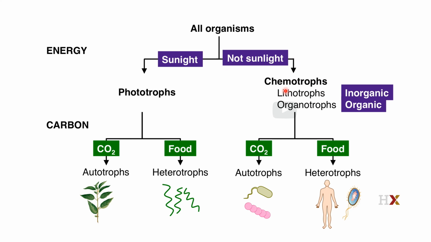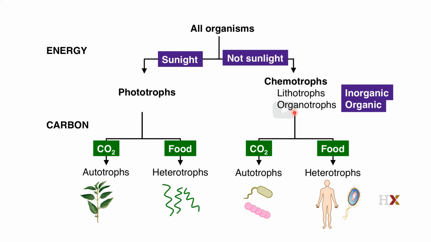Then the chemotrophs are further subdivided into the lithotrophs and organotrophs. Lithotrophs are those organisms which are mainly consuming inorganic material or sources for converting that chemical energy into usable energy. So they are called lithotrophs.